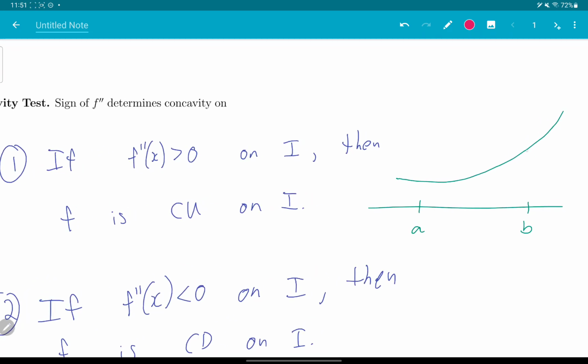If I were to draw a tangent here, and I were to draw a tangent at A, well, it's not very good, but you get the idea. Notice that the slopes are increasing from left to right.